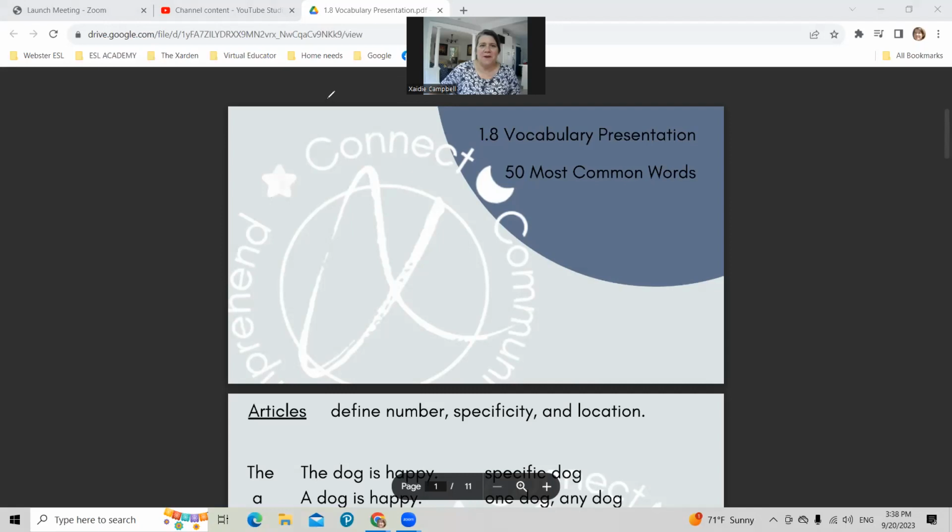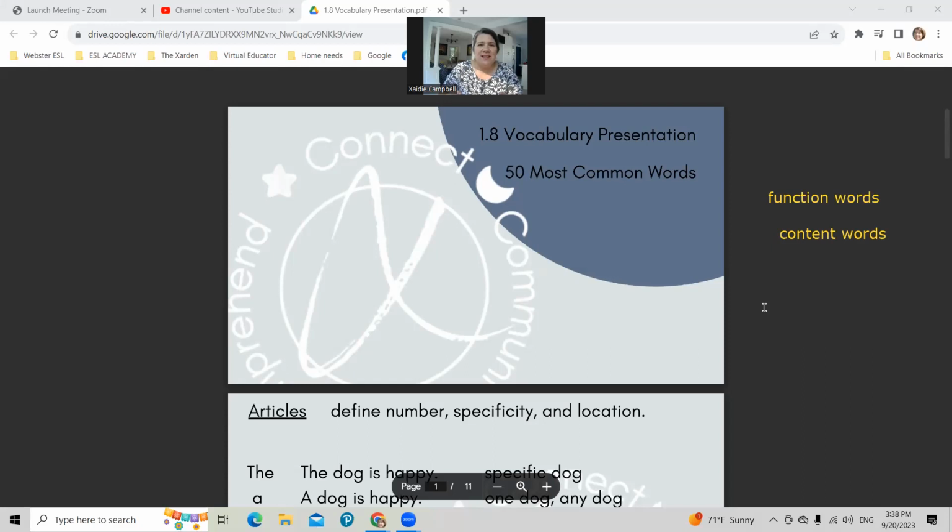We call these function words because they're the little words that go between the content words. So all languages have content and function words. Okay? They have content words, words like dog and cat and woman, man.